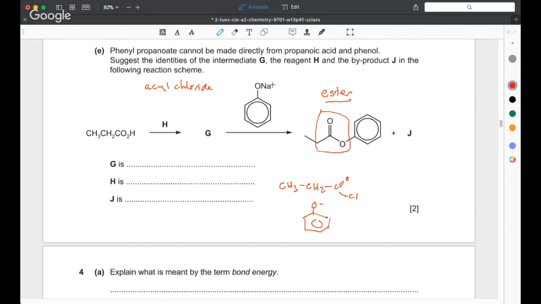That's O minus Na plus, and this is the phenoxide anion. And the mechanism is called an addition-elimination mechanism. So the first step is that.